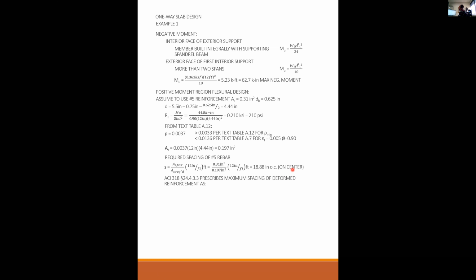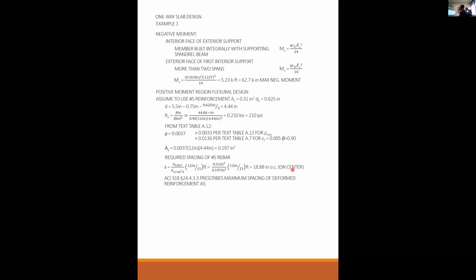Yes, but on center means that it's not the space between the bars, it's the distance from the center to the center of the bar. So we measure from the center of the bar to the other center of the bar. Yes. Okay. And that's radius, space, and radius again. I'm sorry? It's like the radius of the first bar, and then the spacing, and then another radius of the second bar, right? Center to center. Yes.